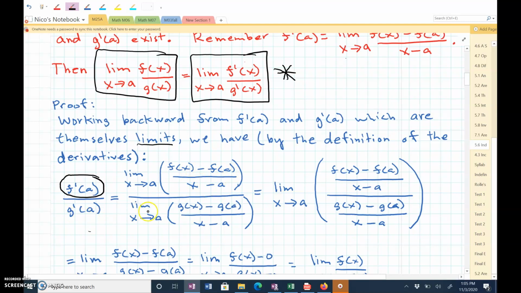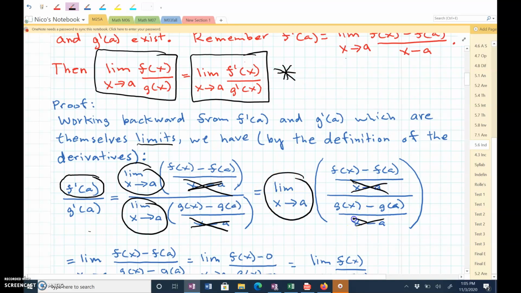G prime of a also would be the limit as x approaches a of g of x minus g of a all over x minus a. So you can see here, if we simplify this, these go away. And then, since we just have the same limit here, we can just write it like that.